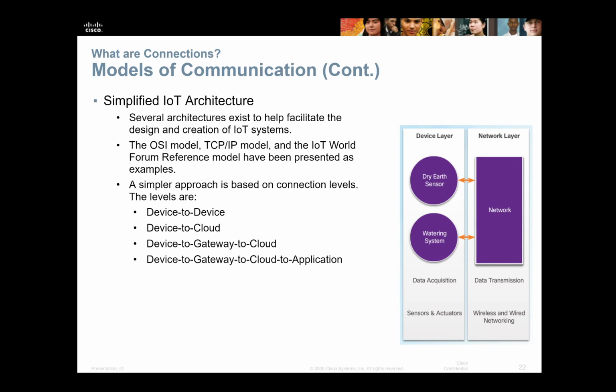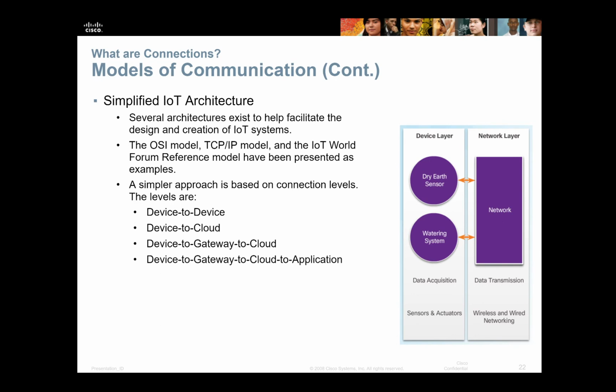Then if that main unit sends data to the cloud, that's device to cloud, meaning you have either wireless LAN or a mobile data connection in your device, and it directly sends stuff to the cloud.